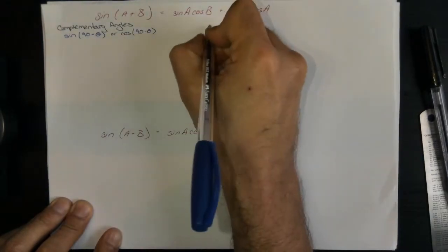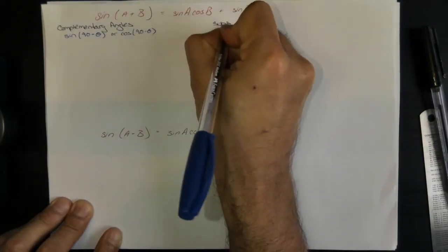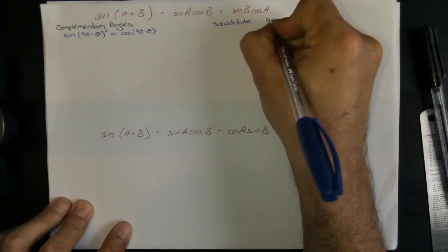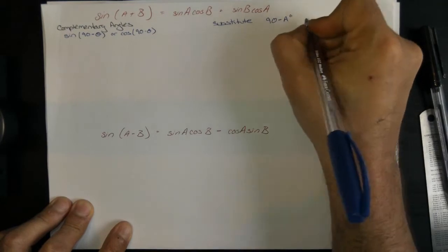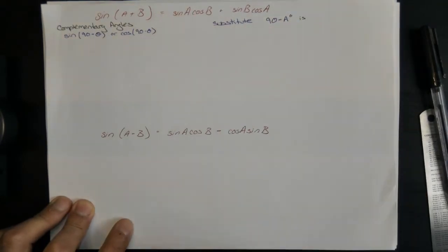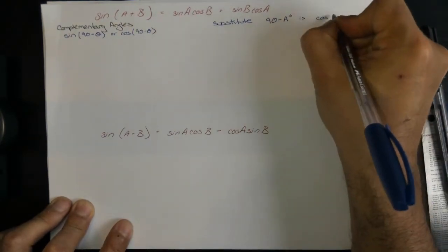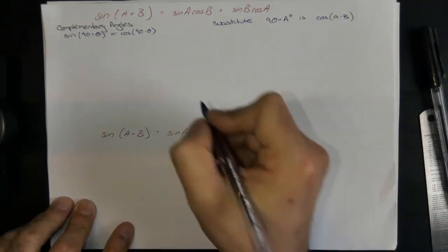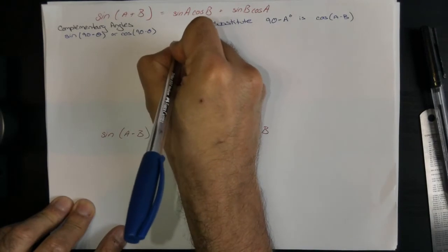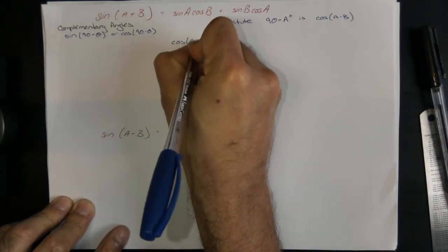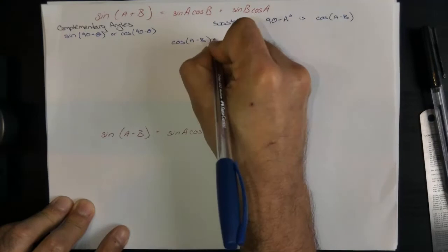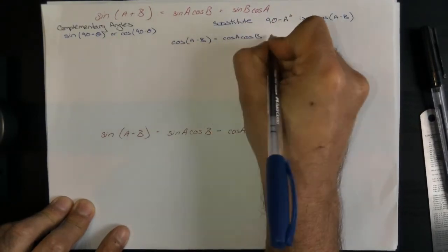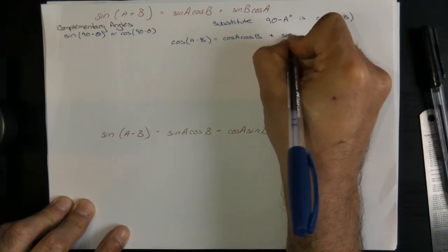So what we're going to do is substitute 90 minus A into cos A minus B. Okay, so cos A minus B is equal to cos A cos B plus sine A sine B.